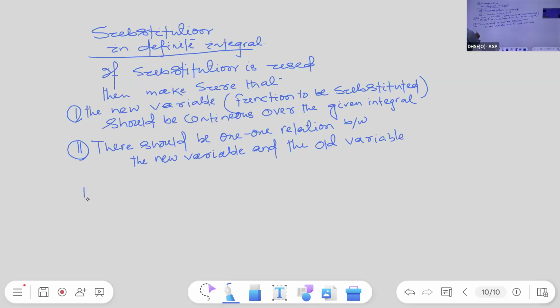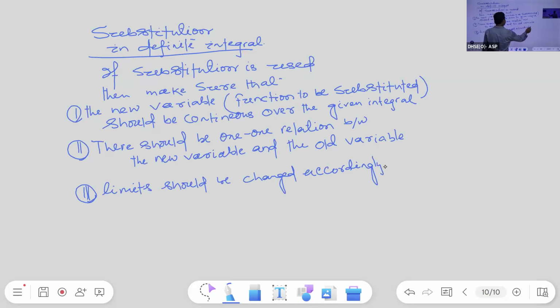The third one, limits should be changed accordingly. So very, very important points. These 3 points are very, very important if you are using substitution in definite integral.